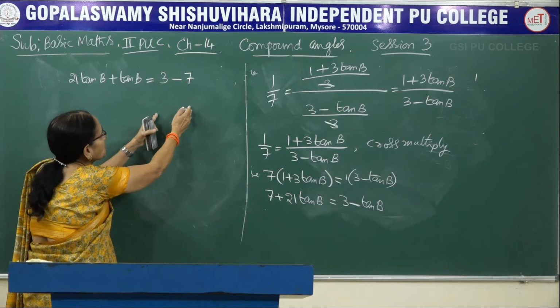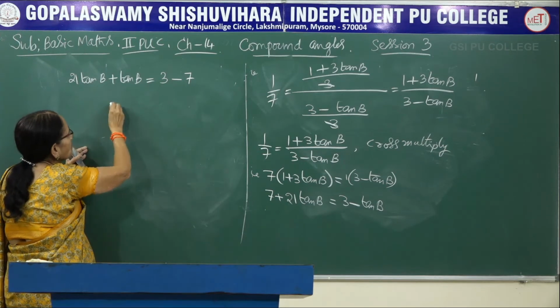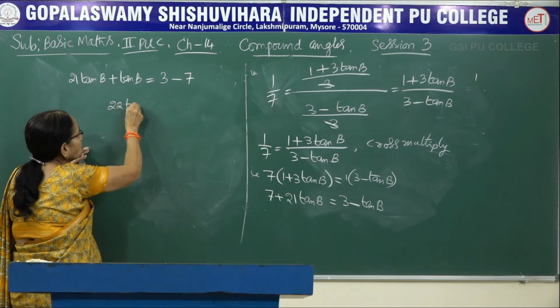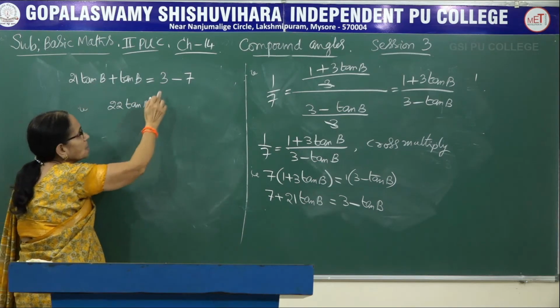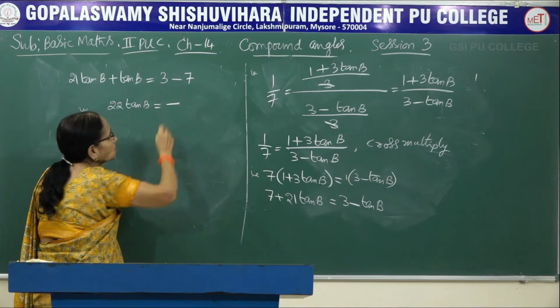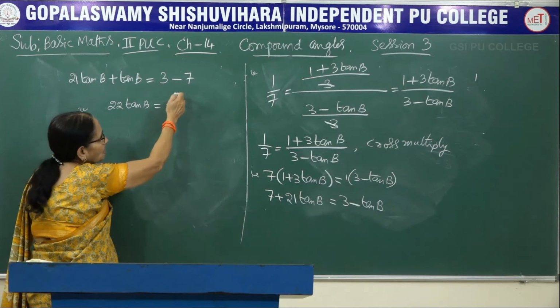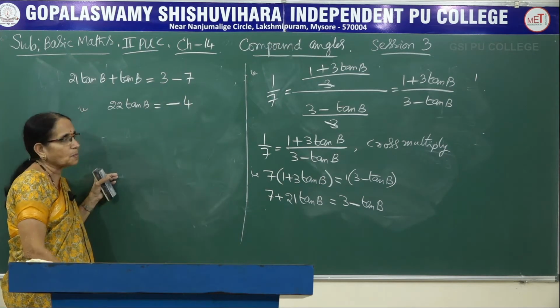Now number is on one side, unknown quantity on the other side. So 21 tan B plus 1 tan B becomes 22 tan B. 21 plus 1 is 22. Here 3 minus 7. One is positive, the other is negative. So we have to take the difference. And the bigger number sign is minus. So the number would be minus 4.